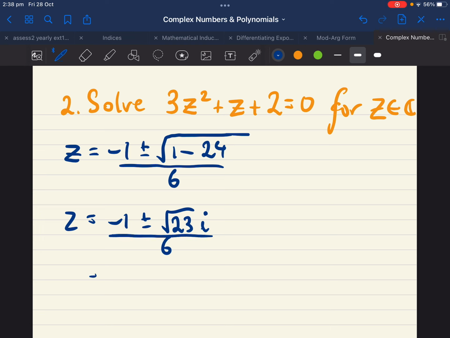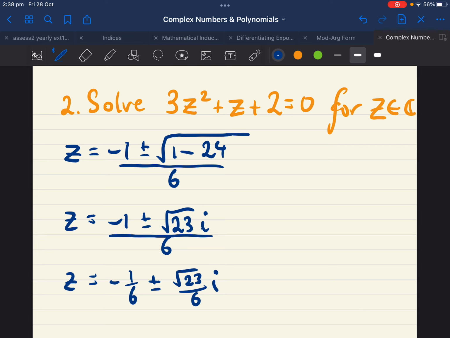And if you want it written the normal way we'd write it, you could split this fraction up. You've got minus 1 on 6 as the real part of the solutions, and then over here you'd have the square root of 23 on 6 i being the imaginary part of our two different solutions.